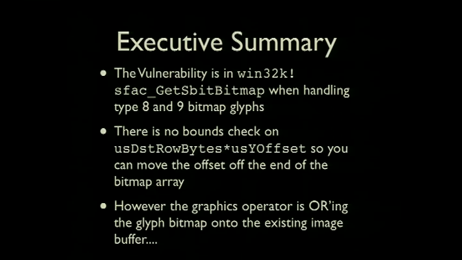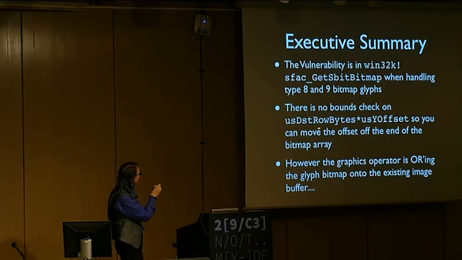The actual bug, if you do a patch diff, is in the get bitmap function for just type 8 and type 9 bitmaps or something. Anyway, it basically takes a number of rows and a y offset for the merging, and then ORs them together.